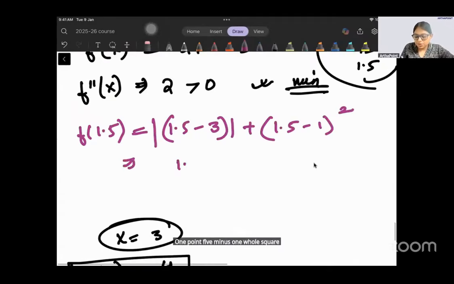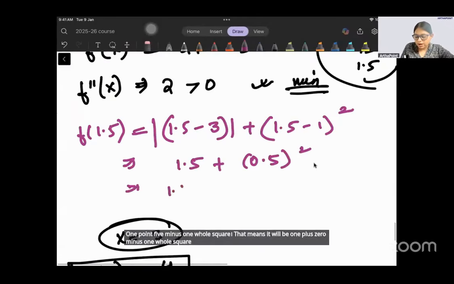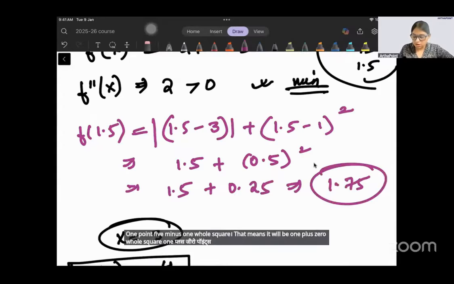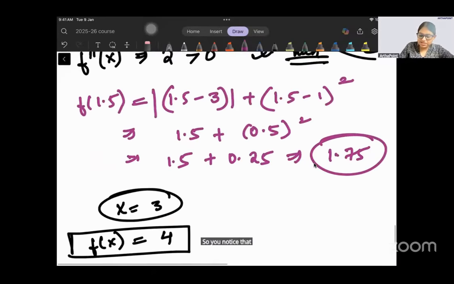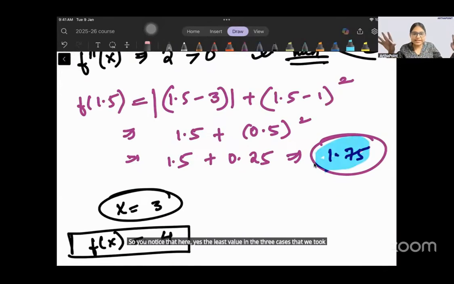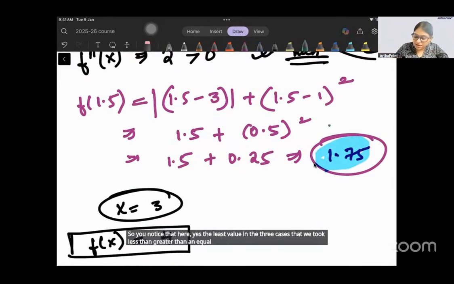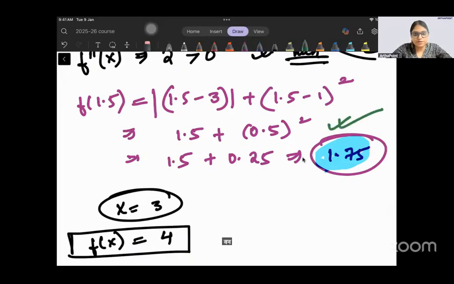That means it will be 1.5 plus 0.5 whole square, 1.5 plus 0.25. This will give you something as the answer. So you notice that the least value in the three cases that we took, less than, greater than, and equal to, is coming here, 1.75. So anyone who has answered it as 3 by 2 is correct.